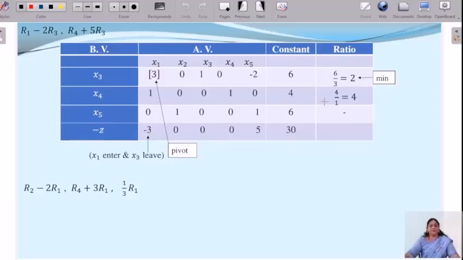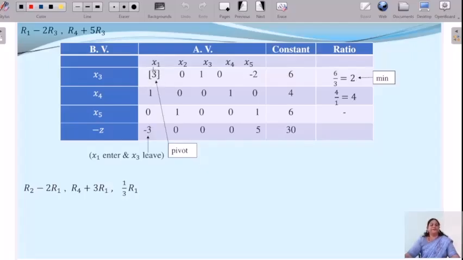We consider the minimum ratio. 6 upon 3 is equal to 2. 4 upon 1 is equal to 4. The minimum ratio occurs here. Therefore, this direction and this direction meet here, so this is your pivot element. The intersection of these is the pivot element.